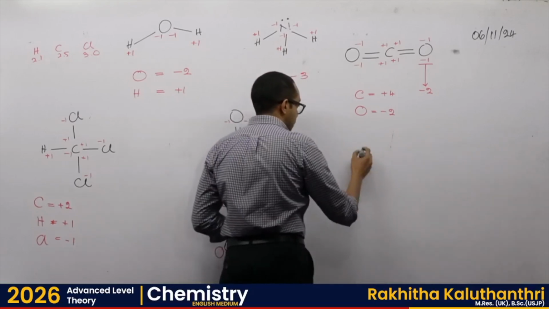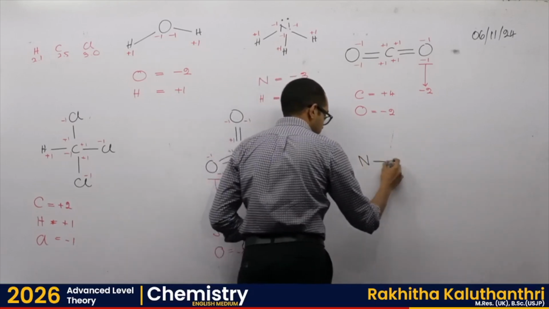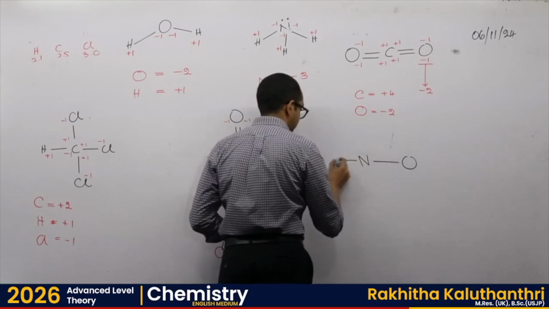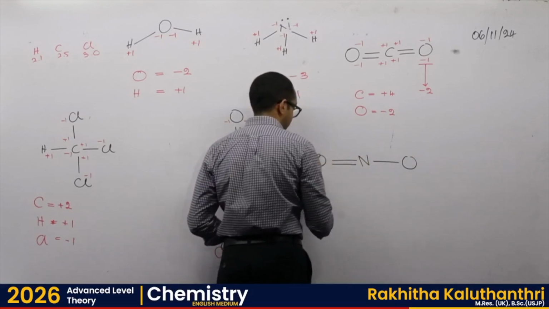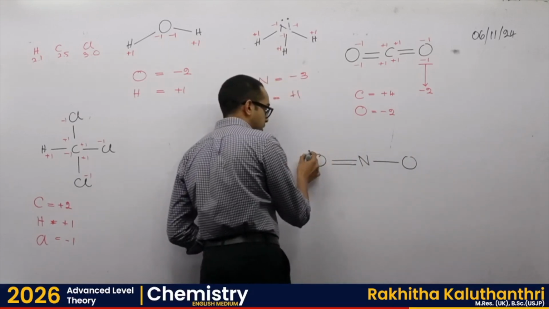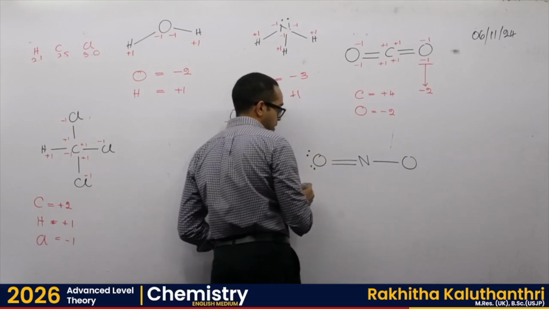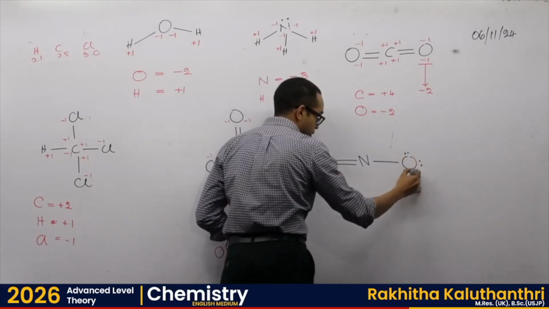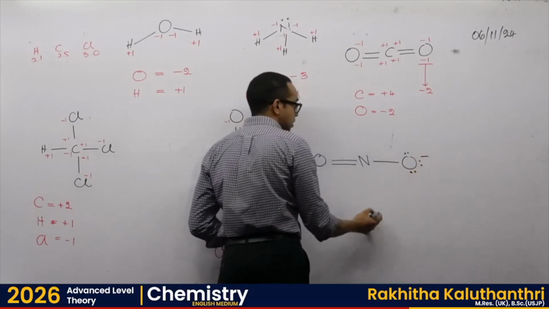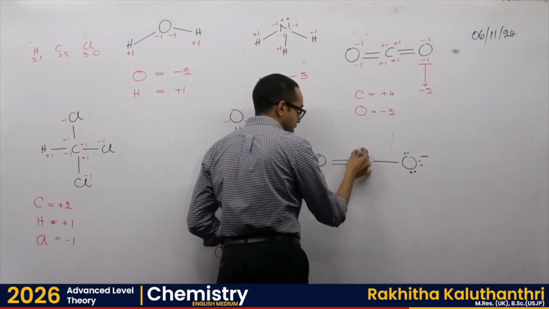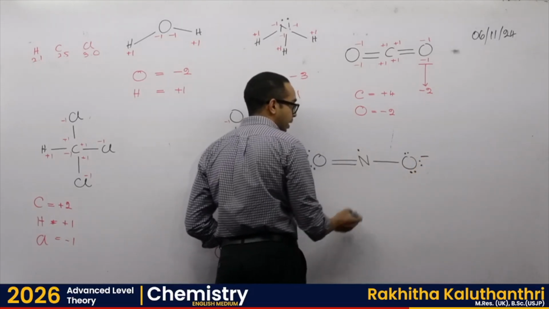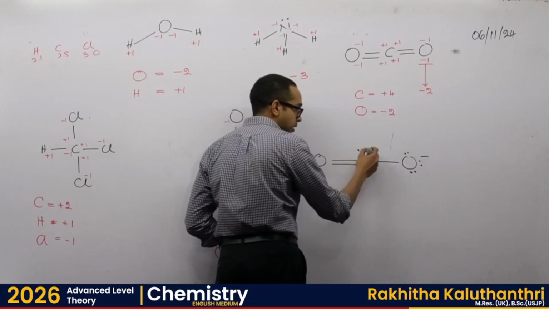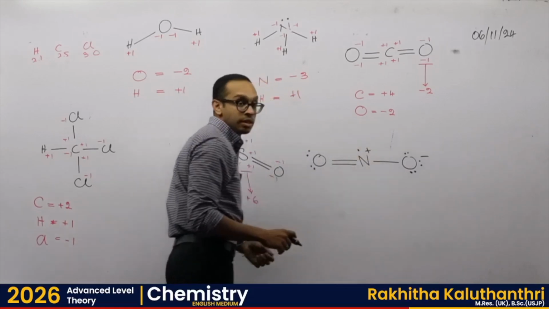So you have nitrogen like so. If I draw all of the electrons, this oxygen has 2 lone pairs, this oxygen has 3 lone pairs and a negative charge, and this nitrogen has 1 unpaired electron along with a positive charge. Is that clear?